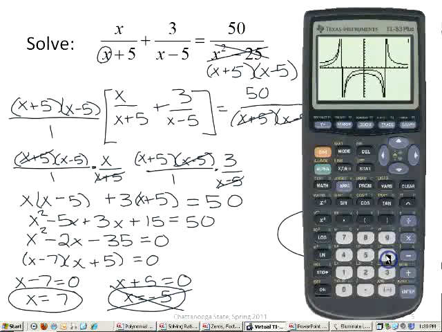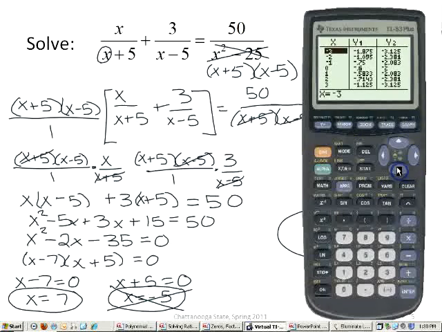There's my first graph, and here's my second graph. It's a little hard to see, but I can see that it looks like they're crossing right here. And if I go to my table, I can look numerically at the solutions and see that when x equals 7, I have the same y values.